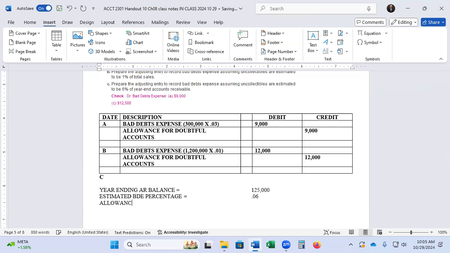And so our allowance ending balance should equal 7,500.